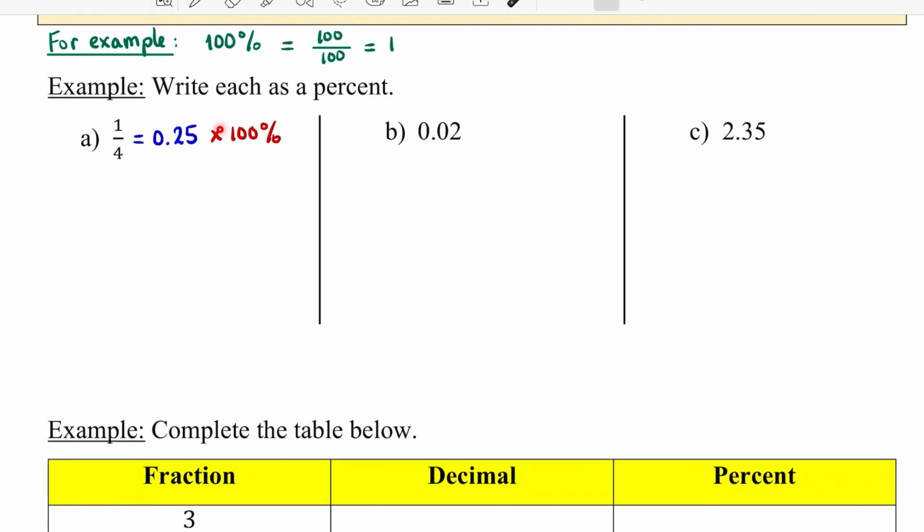So in other words, I take 0.25 times 1. And 0.25 times 1 is 0.25, which is equivalent to 1/4, which will not change the value of my original number. It gives me 25 and carry down the percent notation. 1/4 is equivalent to 25%.